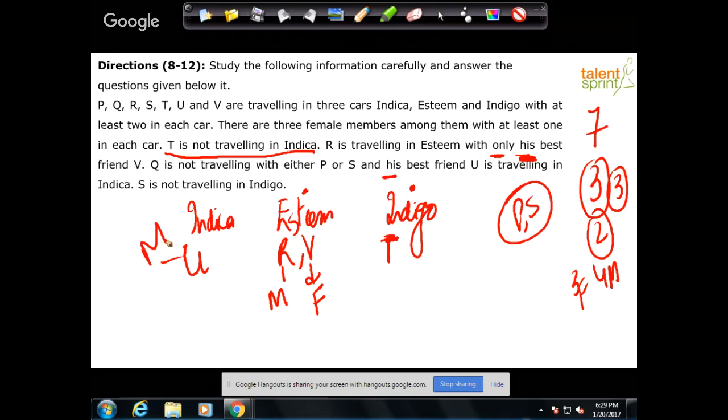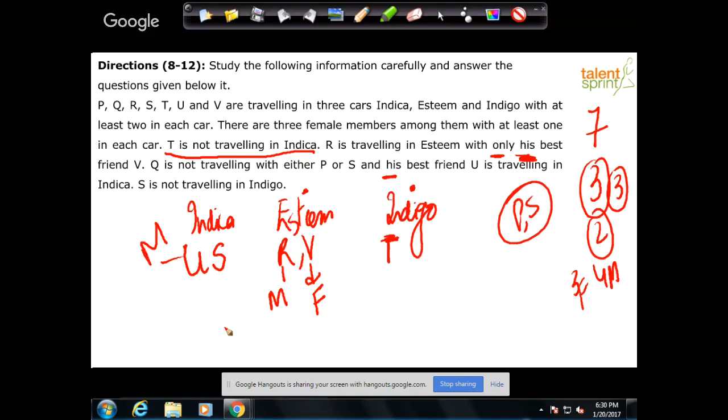We know that S is not traveling in Indigo, which means that S is actually traveling in Indica. Now that leaves us with where to place P, and also one more person whom we need to place. Now, let us read the question once again.